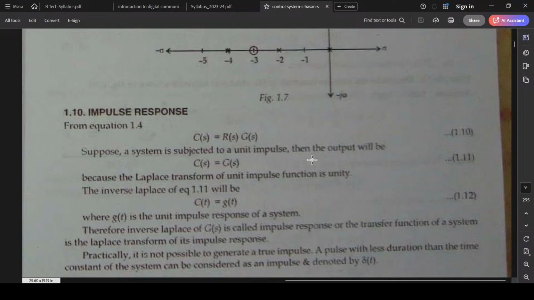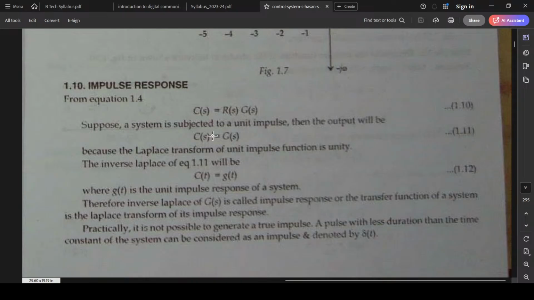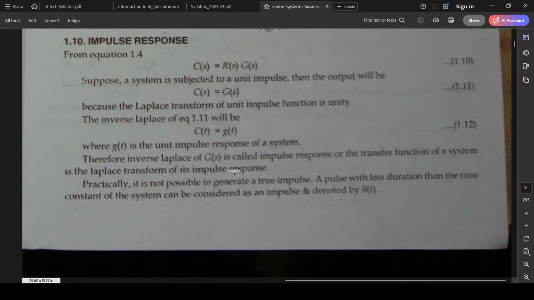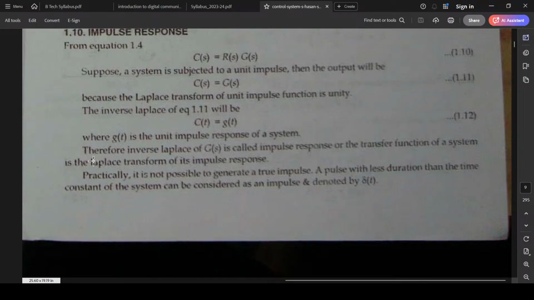Suppose the system is subjected to a unit impulse, then the output will be C(s) equals G(s), because R(s) is 1, since the Laplace transform of the unit impulse is unity, 1. So g(t) is equal to c(t). Therefore, the inverse Laplace of G(s) is called the impulse response.